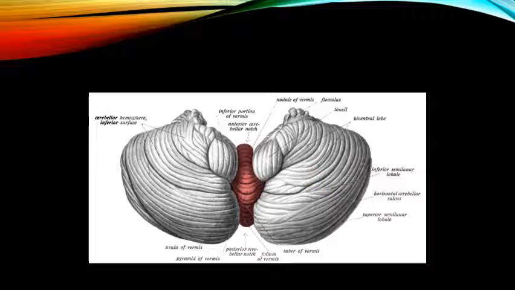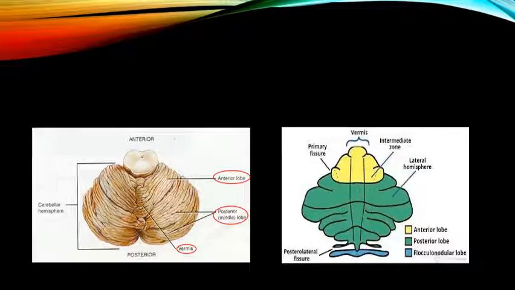Now let us understand further how each hemisphere is divided. As you see these hemispheres, you can see they're divided into three lobes: anterior lobe, posterior lobe, and, as it is not visualized here, you can see in the schematic diagram, yellow represents the anterior lobe, green is the posterior lobe, and blue, which is somewhere below here, is the flocculonodular lobe.